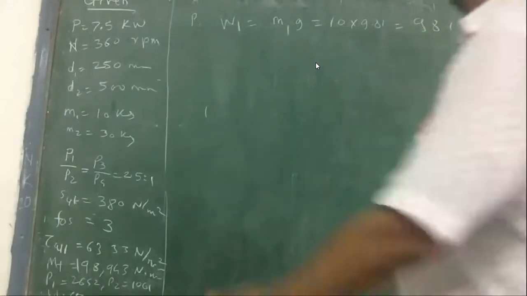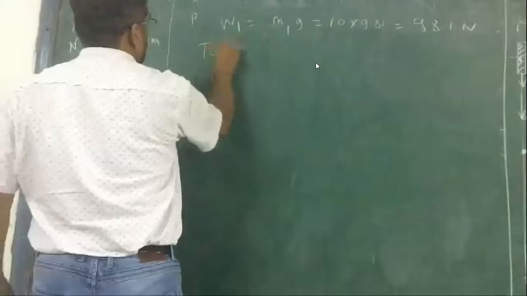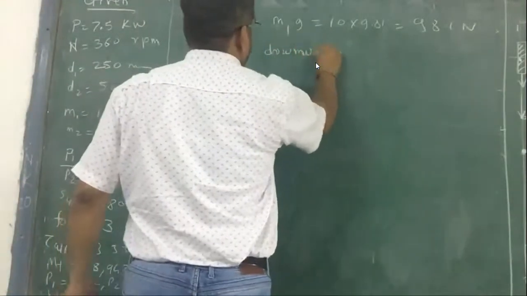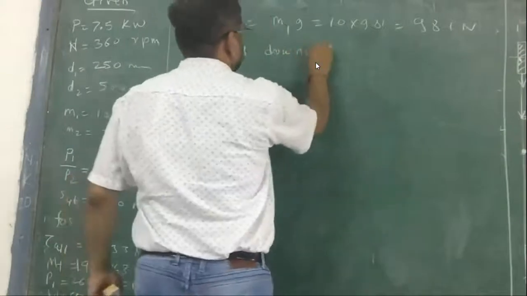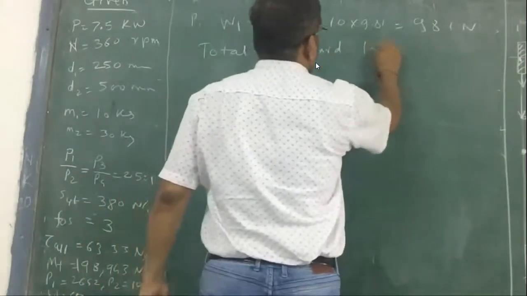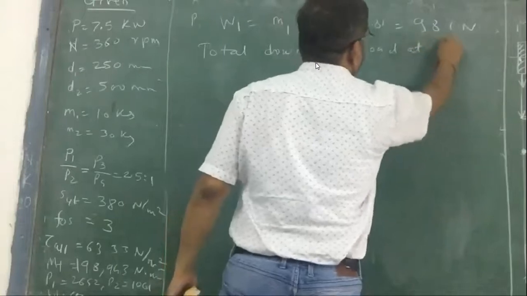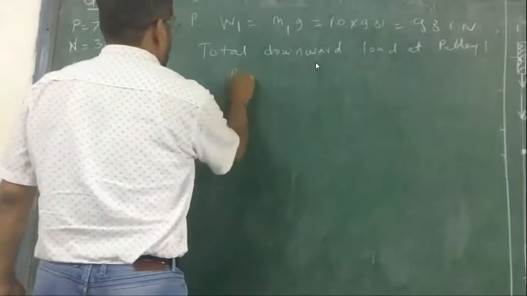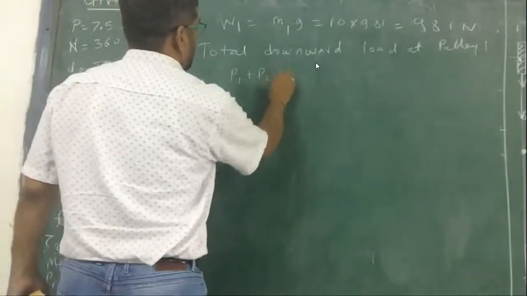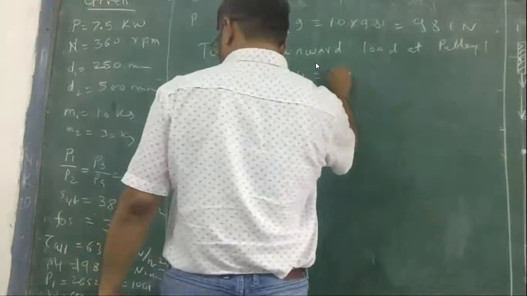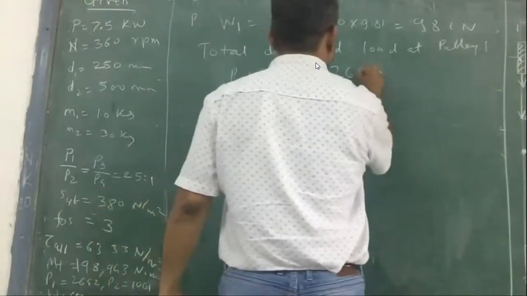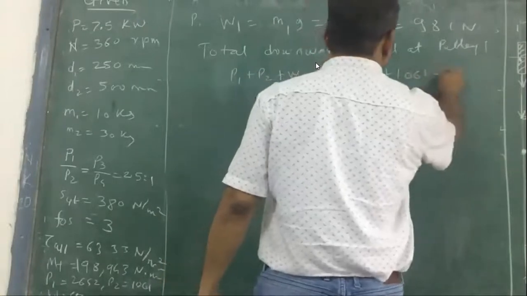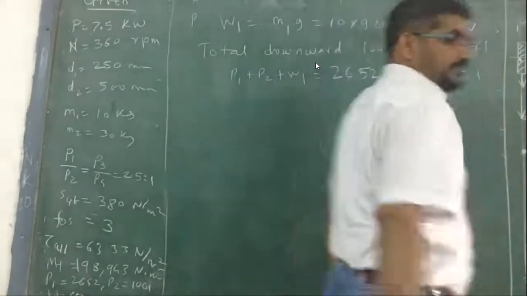So the total load at pulley 1 is downwards. It is P1 plus P2 plus W1, which is 2652 plus 1061 plus 98.1.